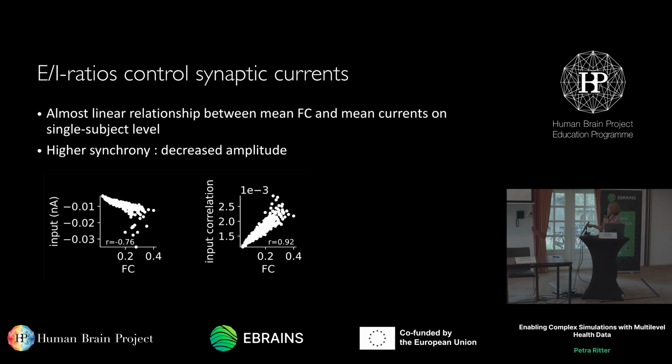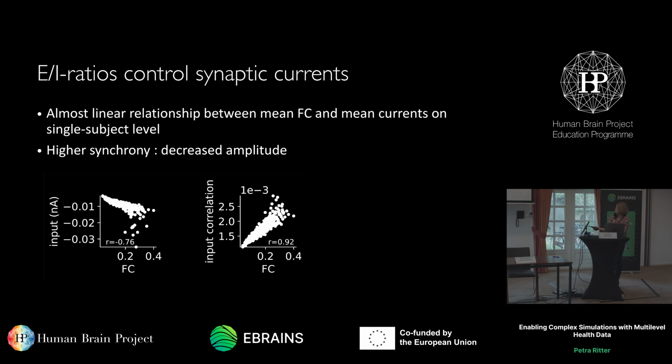And now we looked at the relationship of these simulated features, the input amplitude and the input correlation, with relation to the functional connectivity, and we find a very tight relationship between functional connectivity and these model features.